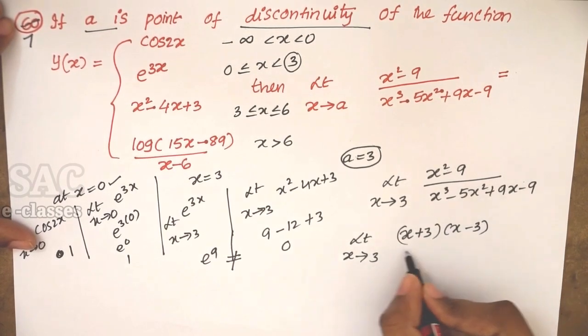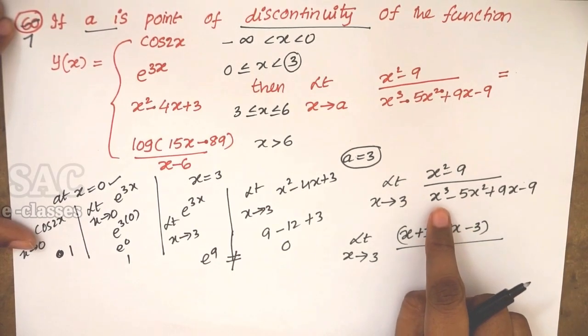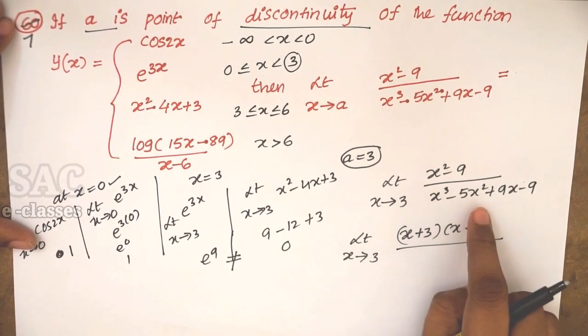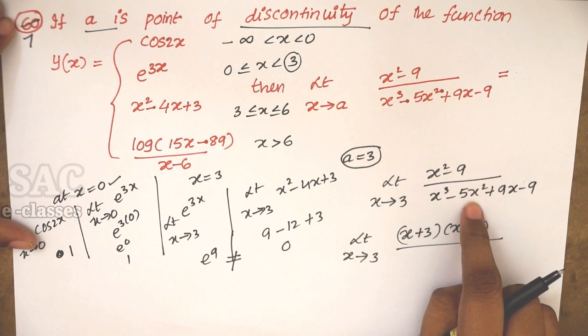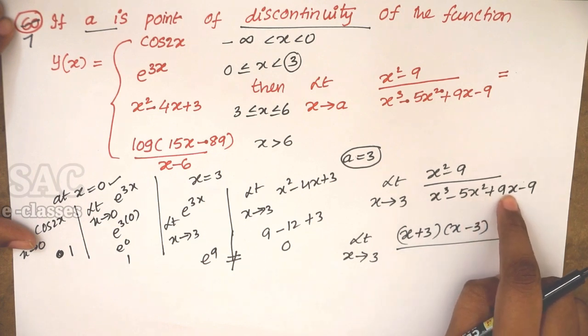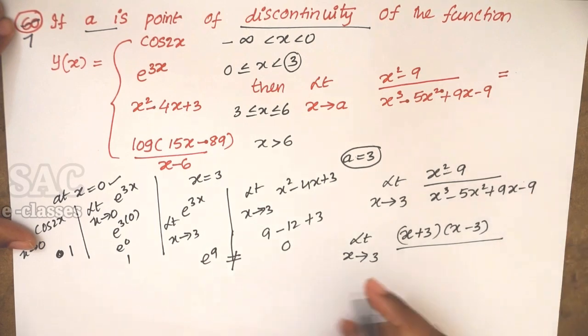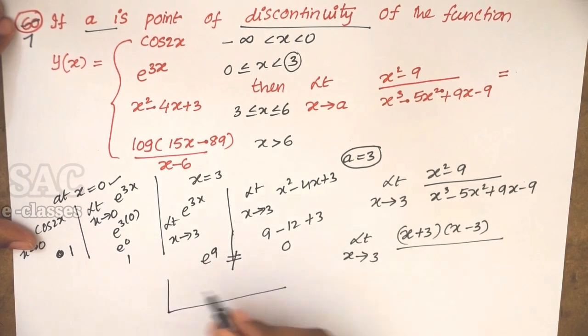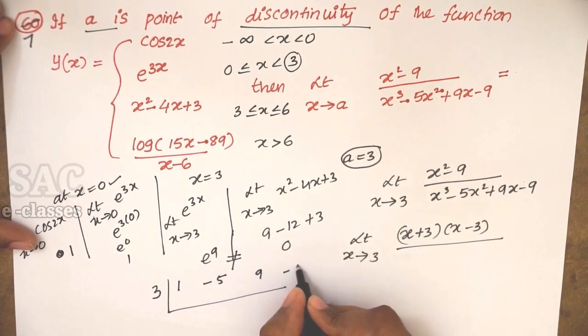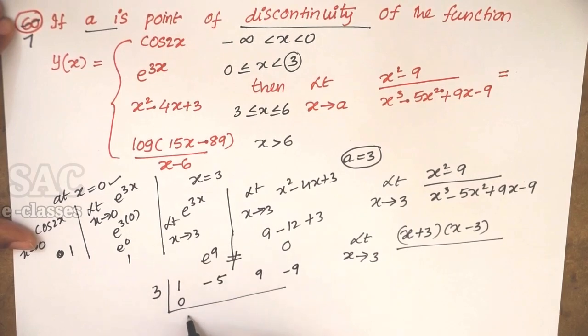Yes, obviously. And if you substitute 3 here, 27 minus 45 plus 27 minus 9, clearly 0 is coming. So 3 is one of the factors for the given cubic polynomial. Go for Horner synthetic division. Find out the value.